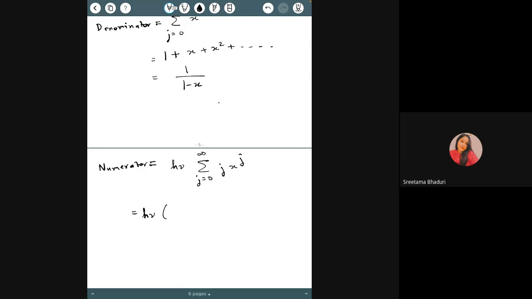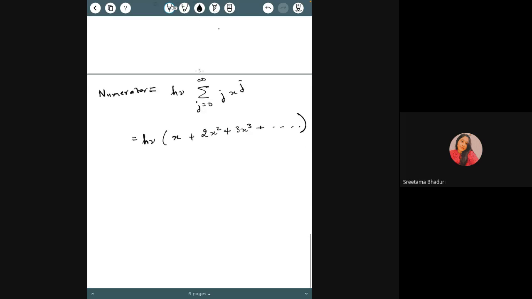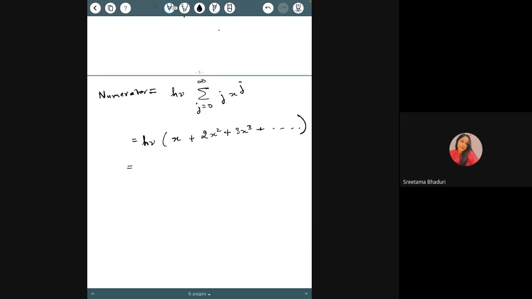Then the next is j equal to 1, that's x, then plus 2x squared plus 3x cubed plus dot, dot, dot. This is equal to h nu x into 1 plus 2x plus 3x squared.